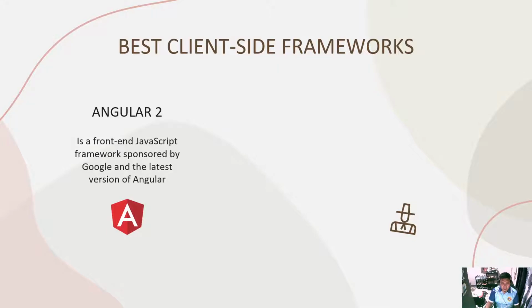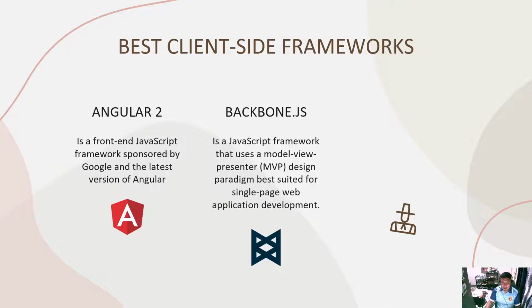So, best client-side frameworks. We can have Angular, a front end JavaScript framework sponsored by Google, with its latest version of Angular. Backbone.js, a JavaScript framework that uses the model view presenter MVP design paradigm, best suited for single web page application development. So there is no more reloading of the page if you use Backbone.js.